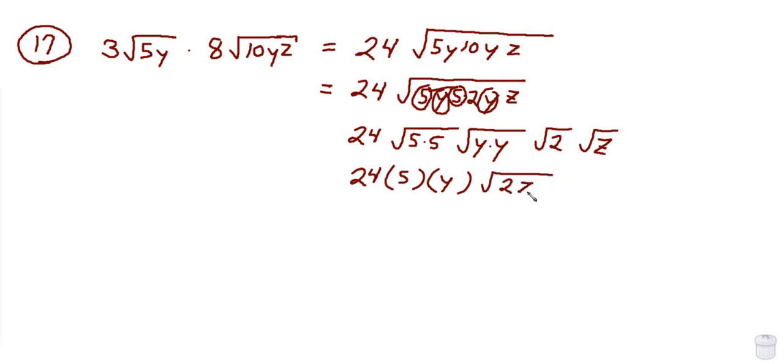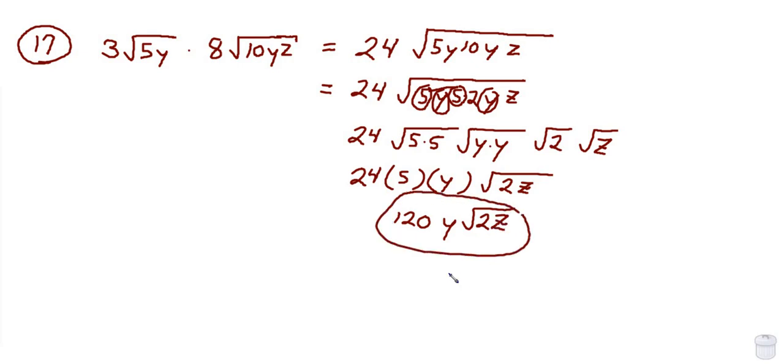I'll put those both underneath the same square root. So 24 times 5, what do we got there? 5 times 20 is 100, plus 20, so that's 120y square root of 2z. That is our simplification.